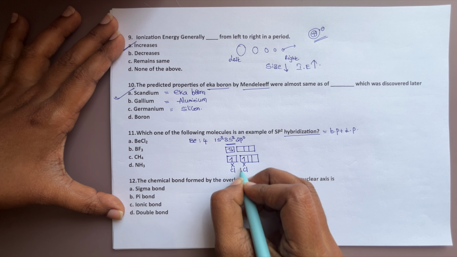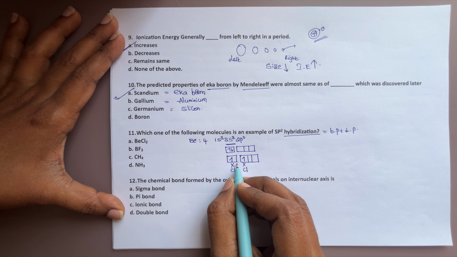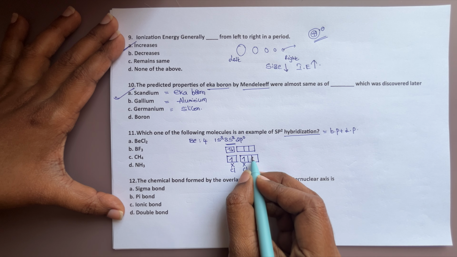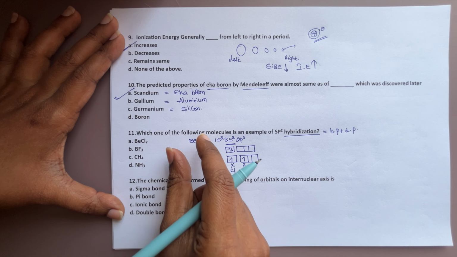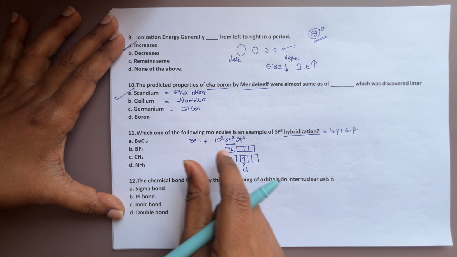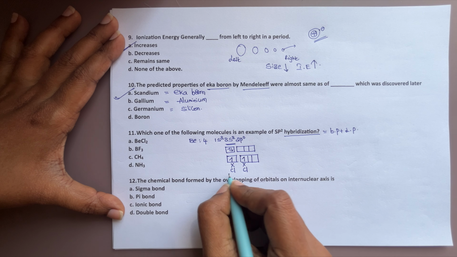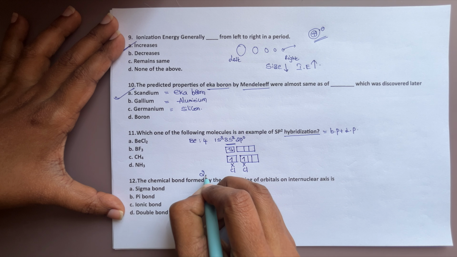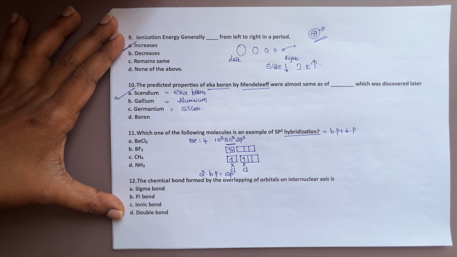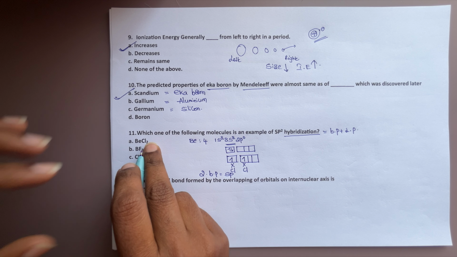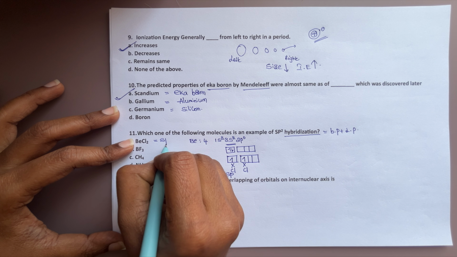How many bond pairs are there? Lone pair is not present. These are vacant orbitals, not lone pairs. A lone pair is a pair of electrons which are not participating in bonding. So here two bond pairs are present. Two bond pairs means sp hybridization. So the hybridization of this is sp.